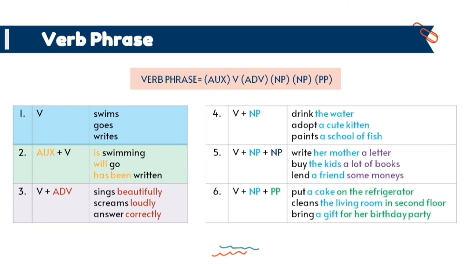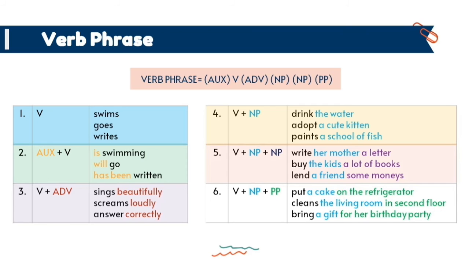And the fourth is verb combined by noun phrase: drink the water, adopt a cute kitten, paints a school of fish. And the fifth is verb combined by noun phrase and noun phrase. The examples are write her mother a letter, buy the kids a lot of books, lend a friend some money.